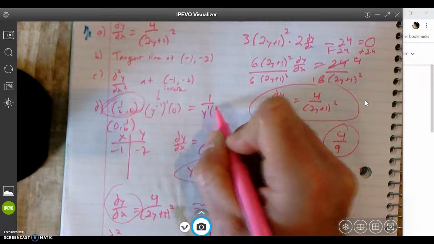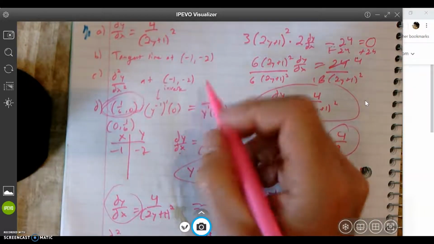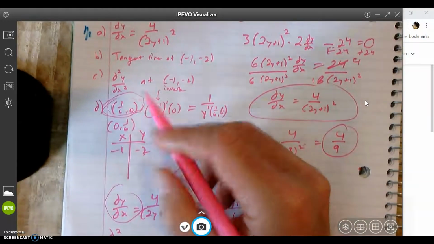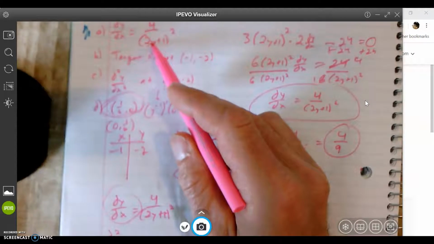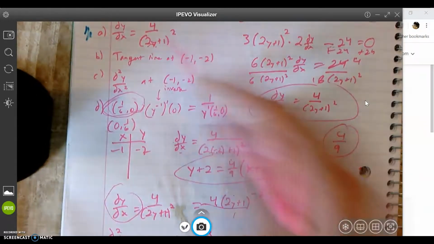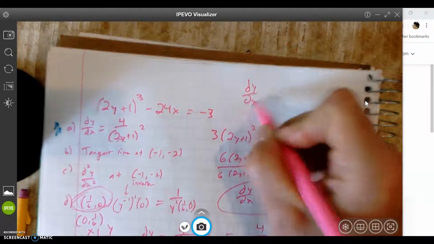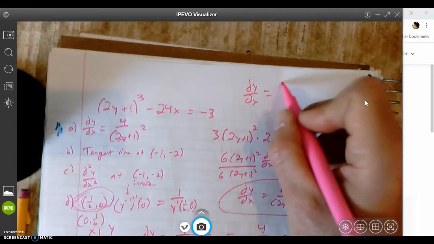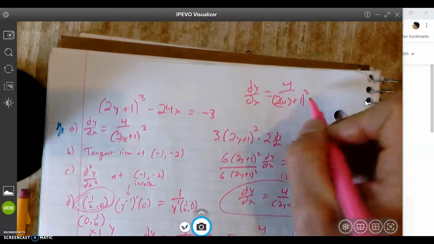Y prime of 1/6, you plug that in. So it's the same thing. We got y is 0 in this case, right? So you can plug in 0 here to your derivative. So dy/dx equals 4 times (2 times 0 plus 1) squared.